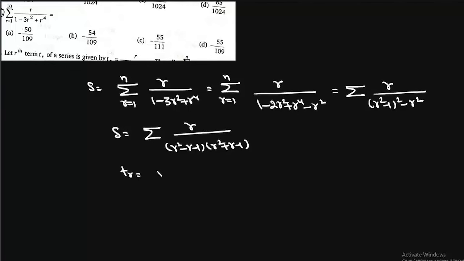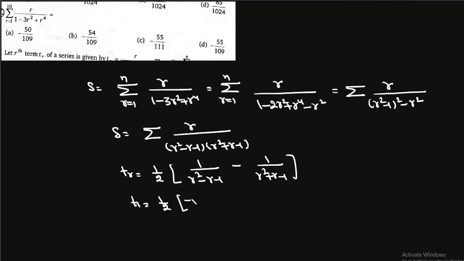Now we can use partial fractions. We can write this as 1 by 2, 1 upon (r²−r−1) minus 1 upon (r²+r−1). Now here r² will cancel, 1 will cancel, we'll get 2r, and this 2 will also cancel, so we'll get the same term. Now the first term is 1 by 2, minus 1 minus, plus 1.